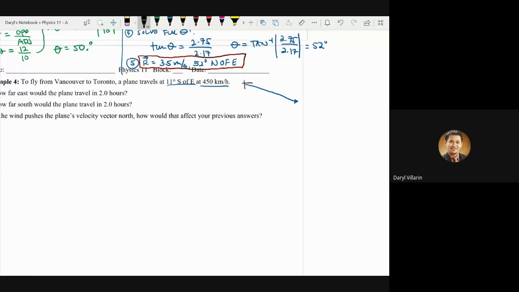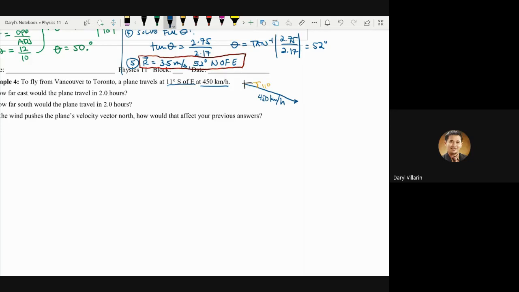So 11 degrees south of east, that would be the east direction, 11 degrees is there. And the magnitude of this one is 450 kilometers per hour.